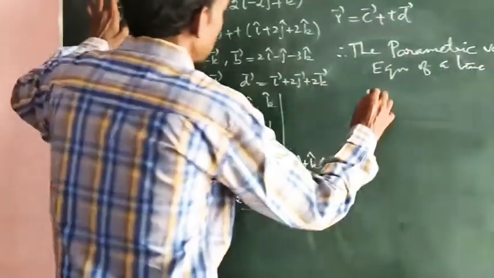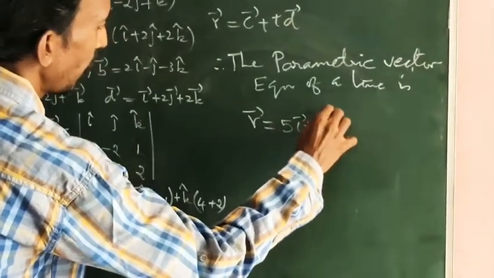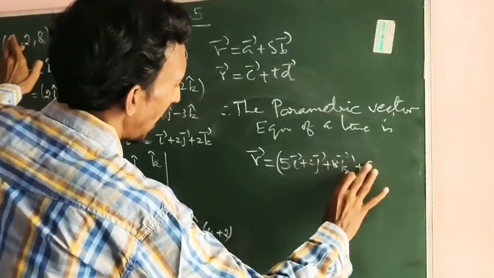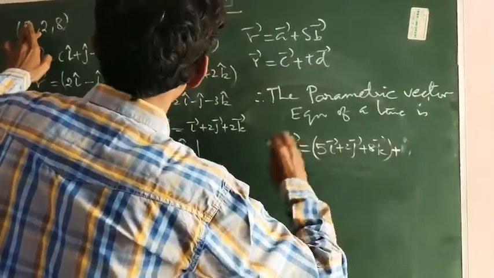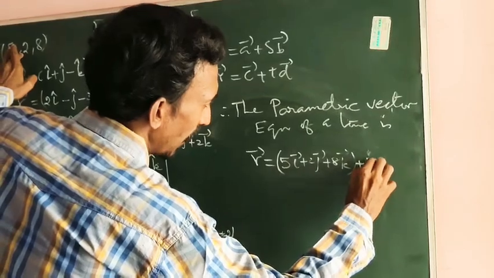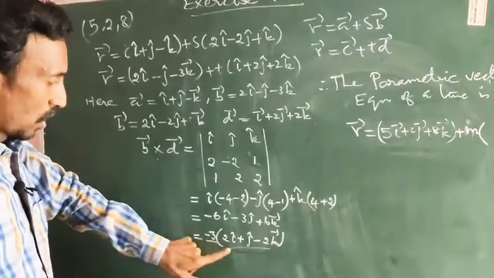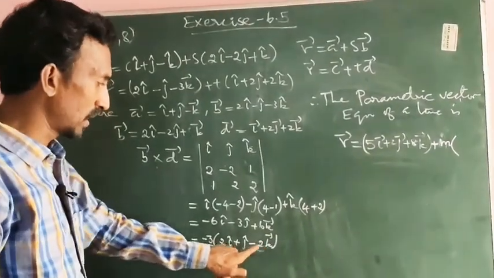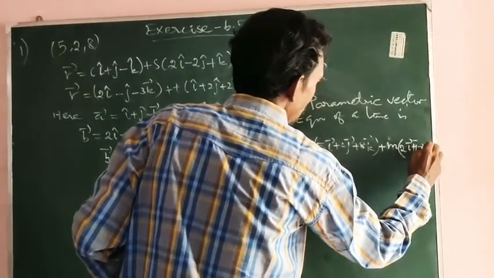So r vector equal to the position vector of this point, 5i plus 2j plus 8k, plus some scalar into the parallel vector. Already s and t are present, so use some other scalar, for example m. What is the vector parallel to b cross d? Just remove the scalar multiple, it is not needed. So 2i plus j minus 2k.